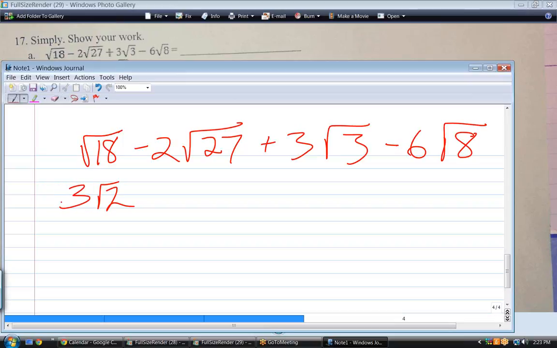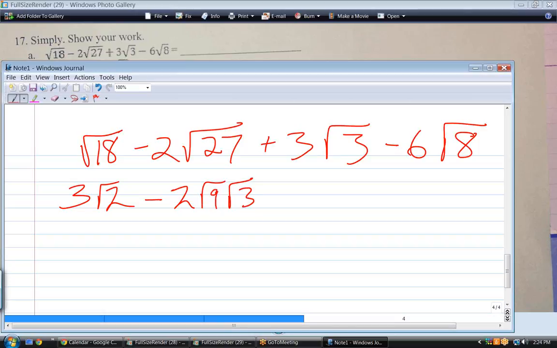Okay? How about root 27? Does that have any factors that are perfect square numbers? You could do 9 and 3. Okay, so let's write it like that. Square root of 9 times square root of 3.